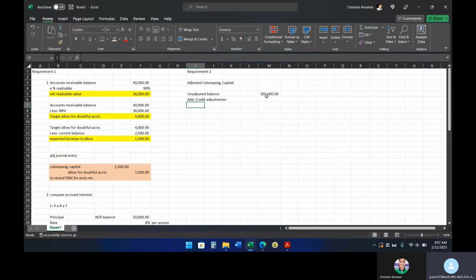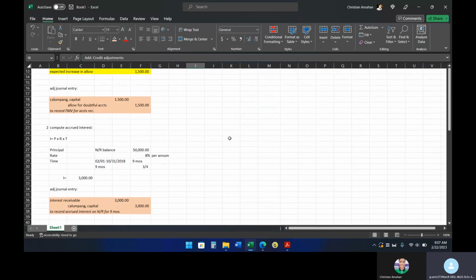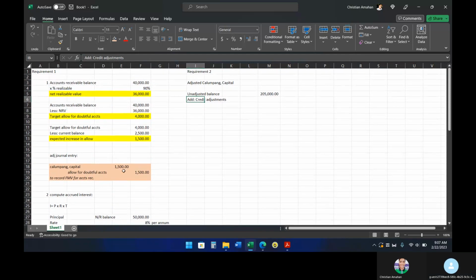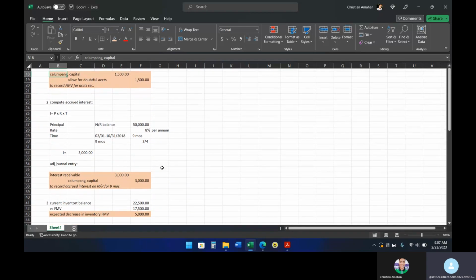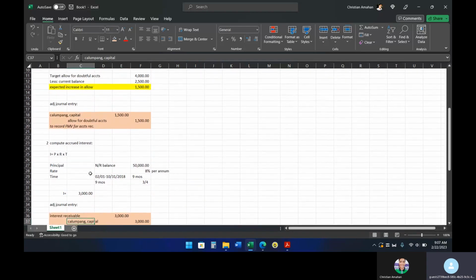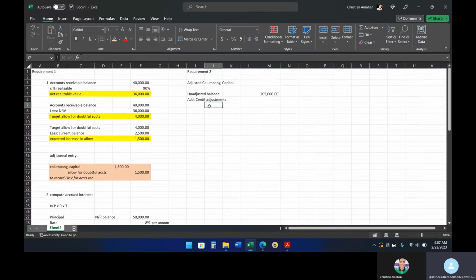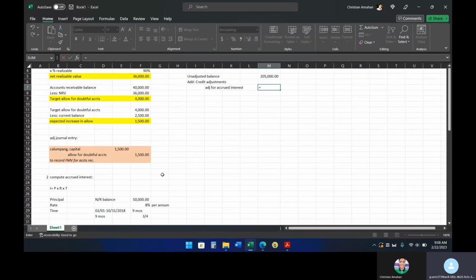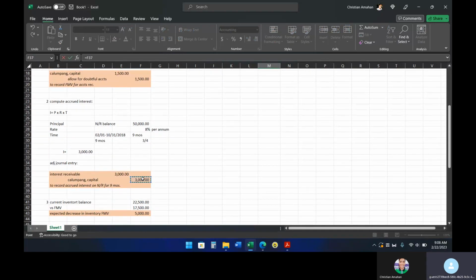If we increase it, we record it as a credit. So we go first with the credit adjustments. Number 1 is a debit, so it does not appear in the credit adjustments. Number 2 is a credit adjustment, so we put here the adjustment for accrued interest. The amount is 3,000 pesos.